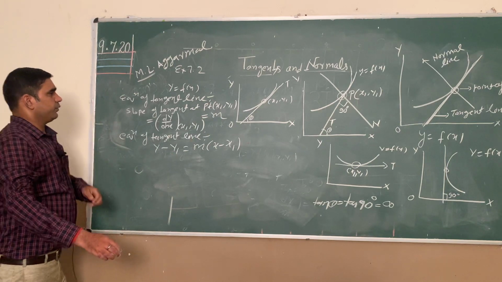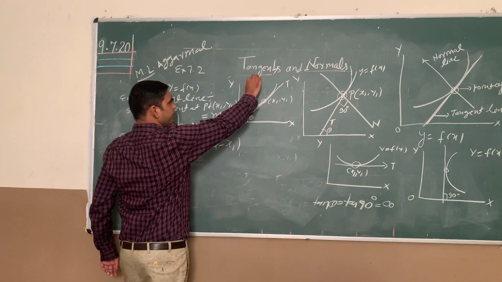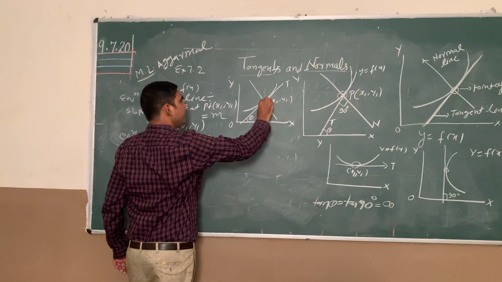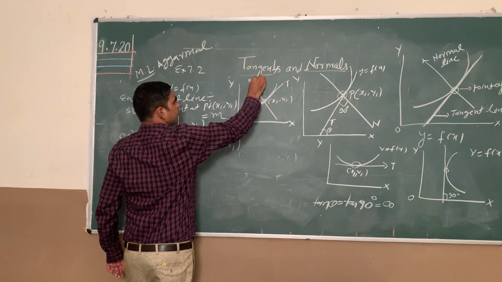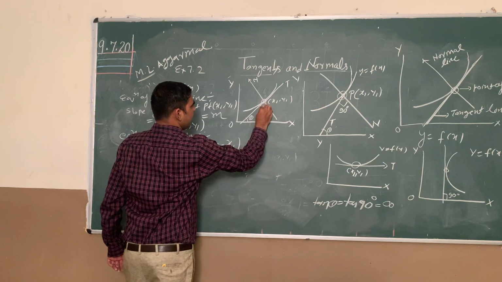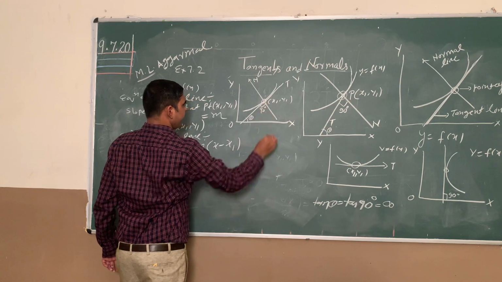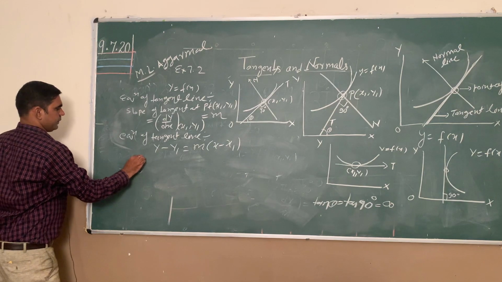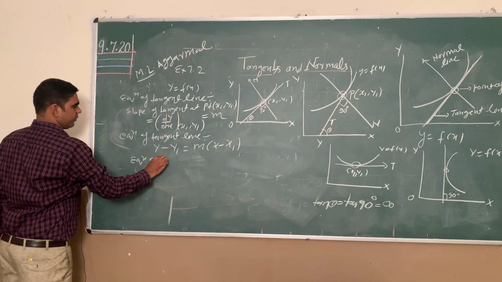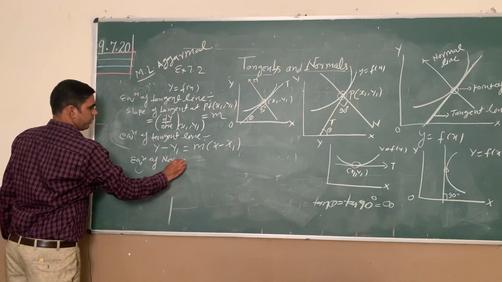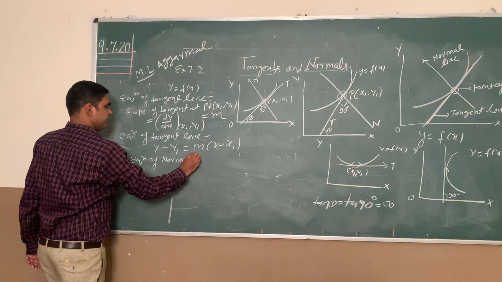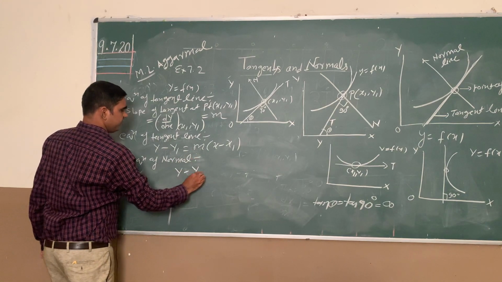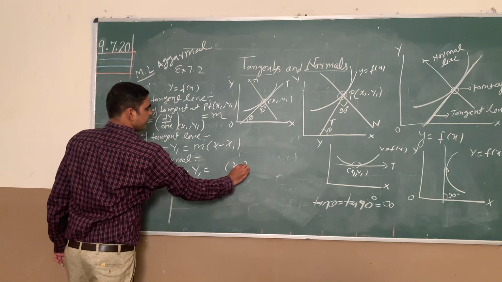Now if you find the equation of the normal at the same point, say this is a normal line and this angle is 90 degrees. So the equation of the normal is y minus y1 equals the slope of the normal times x minus x1.